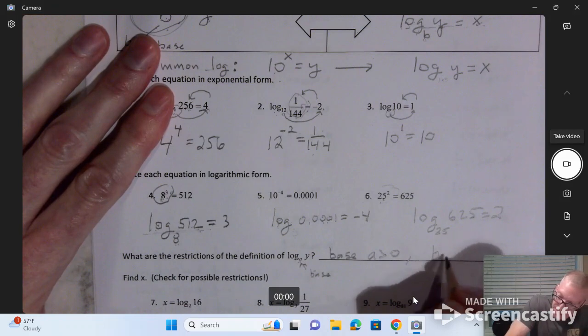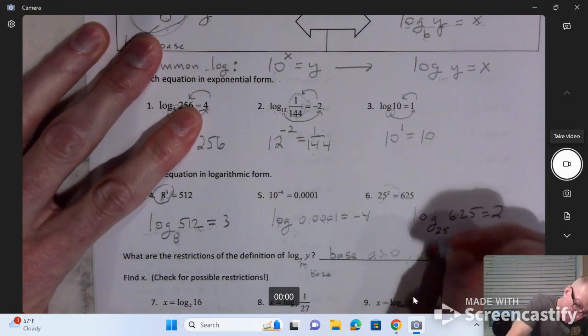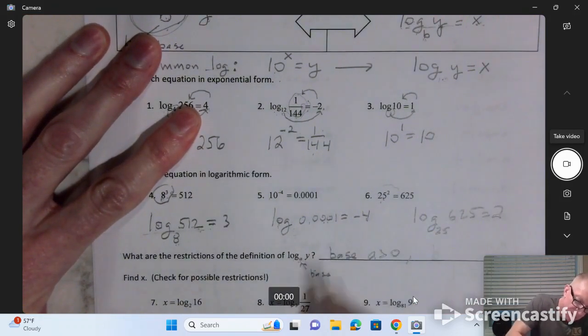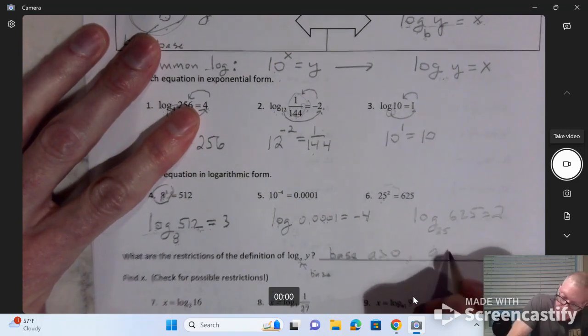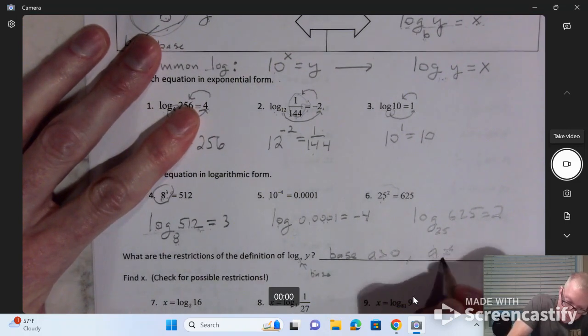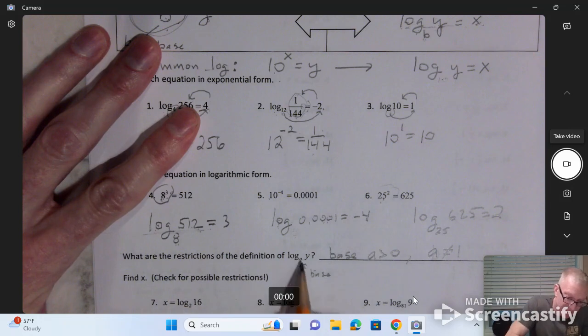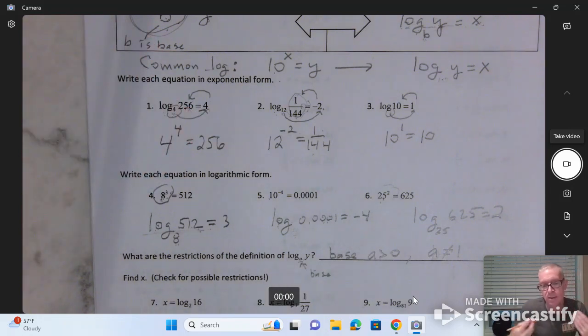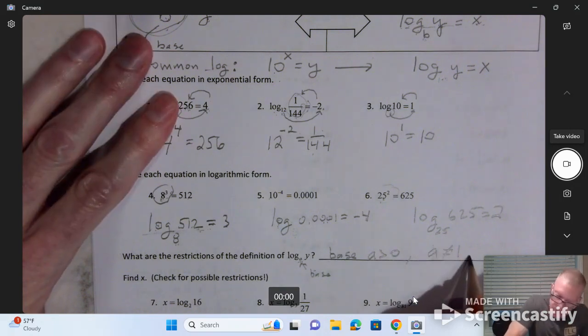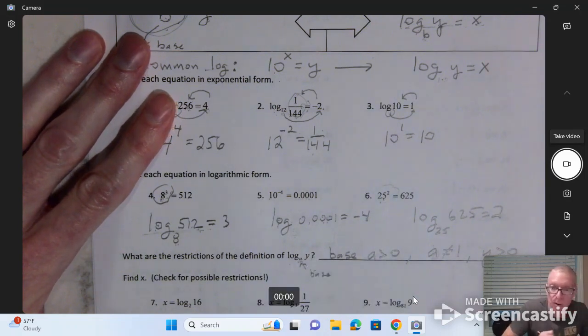Also, a cannot be 1. Kind of doesn't make sense to have an exponential expression with a base of 1, because 1 to the anything is just 1. Okay, and then the last thing is that the y value has to be greater than 0. You cannot take a log of a negative number.